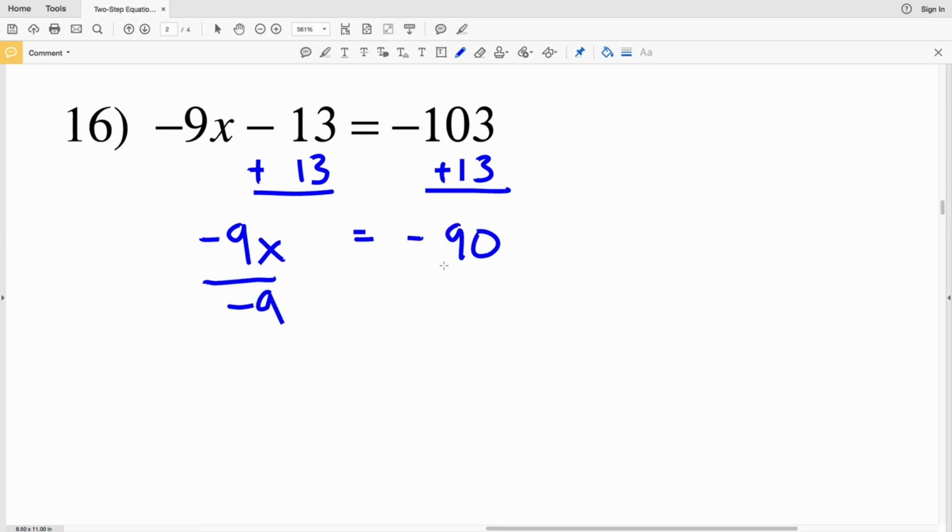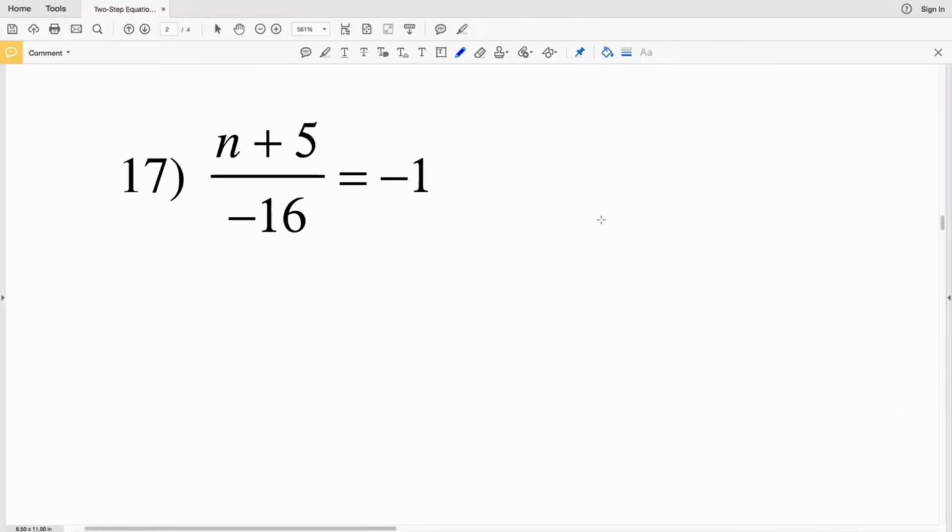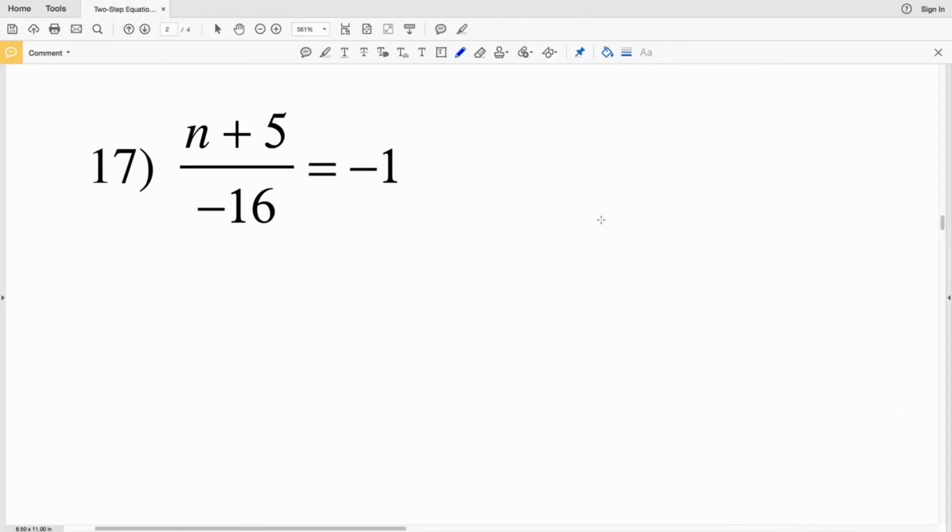Divide both sides then by negative 9 to get that x by itself. Negative 90 divided by a negative 9 is going to be a positive 10. X equals 10. Number 17, n plus 5 divided by negative 16 equals a negative 1.